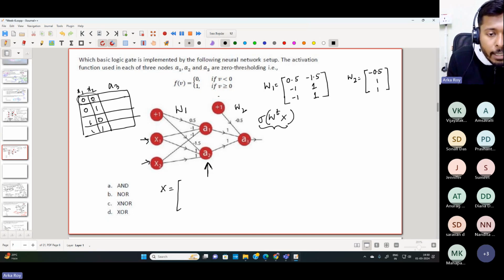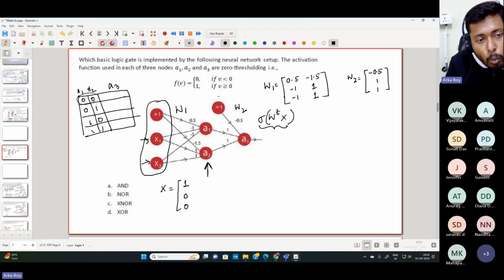So how can we write the input X, incorporating the bias term? 1 0 0. Yes. As I am considering that I will take the whole data and feed it into this model, let me consider all 4 cases.